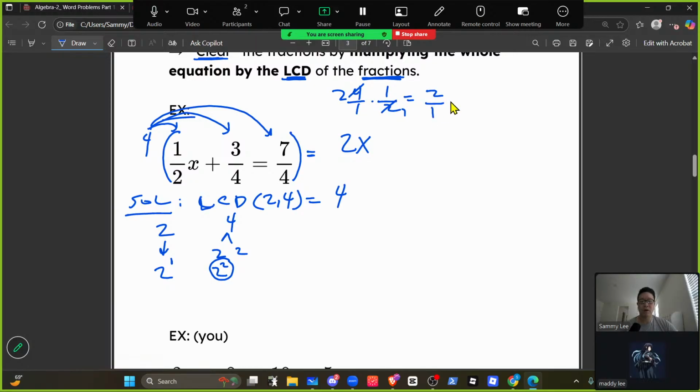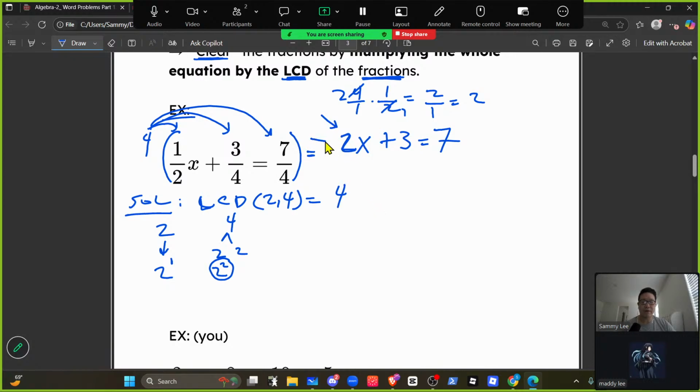We have 2 over 1, which is just 2. That's where the 2x is coming from. 4 times 3 over 4, the 4s are going to cancel, so you're left with 3. 4 times 7 over 4, again, the 4s will cancel, and you're just going to be left with 7.